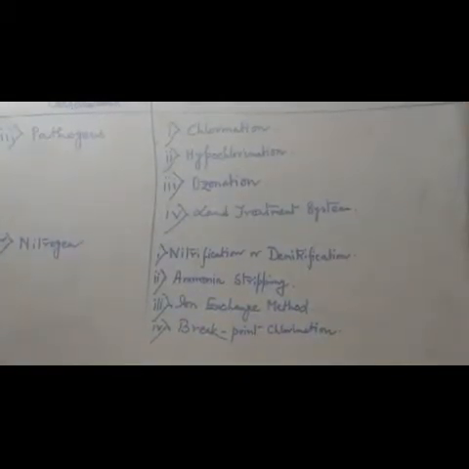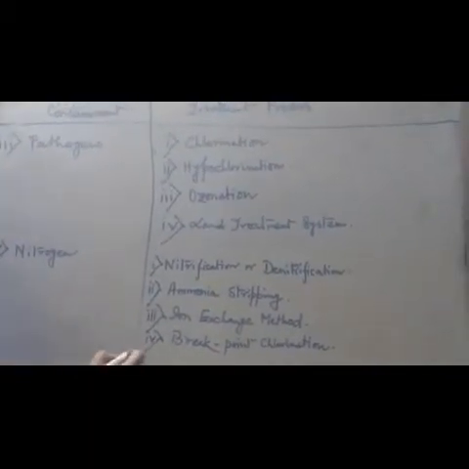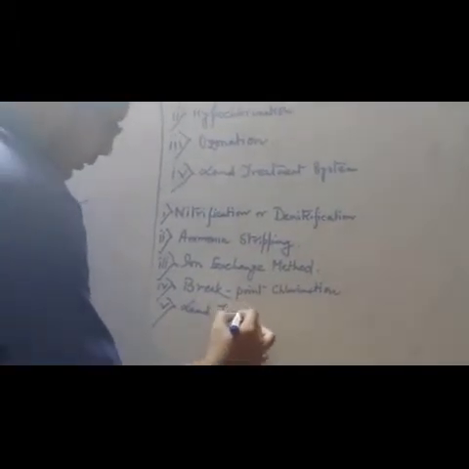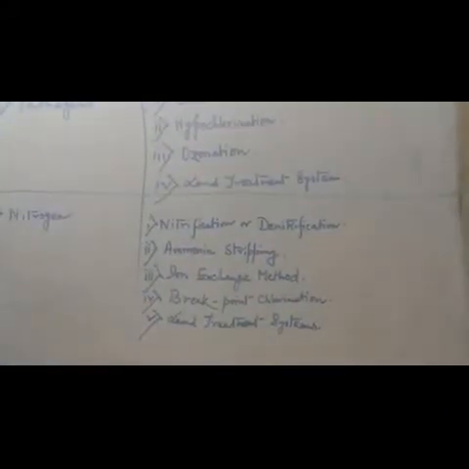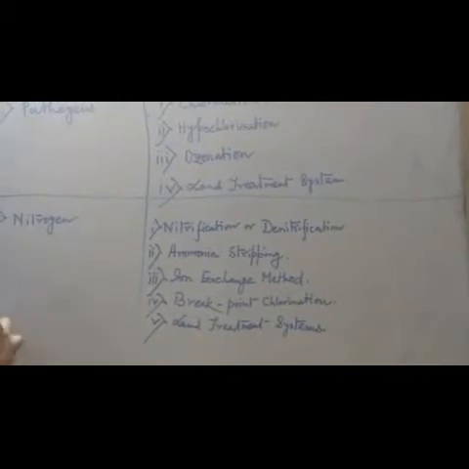We can also use breakpoint chlorination. And the last one is land treatment systems. So these are the 5 methods we can use for nitrogen.